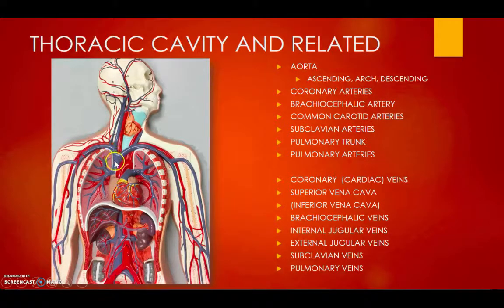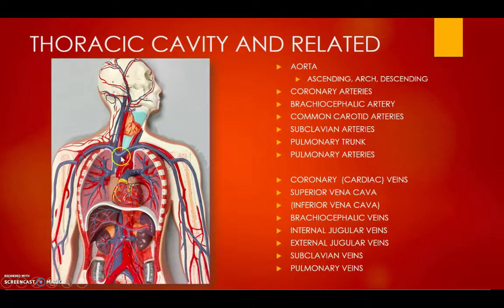Now, when we look at the superior vena cava, we have this and this vessel branching in to bring blood toward it, and these are your brachiocephalic veins. There are two, so there is a left and a right. Always remember you're talking about the patient's right and left, not yours. So when you have an anterior view like this, it's opposite.